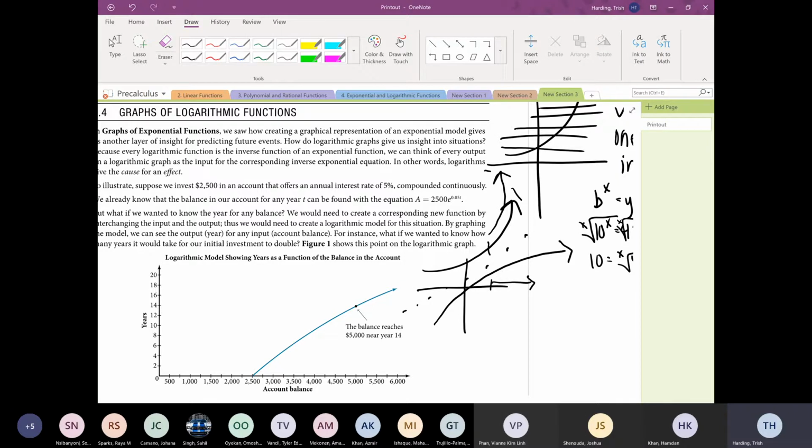It puts things on a much more manageable scale like pH, where it takes large differences and compresses them into smaller differences. For the inverse here, as we go forward, the differences are not that bad, whereas for an exponential the differences are huge. This is what the graph of a logarithm will look like.